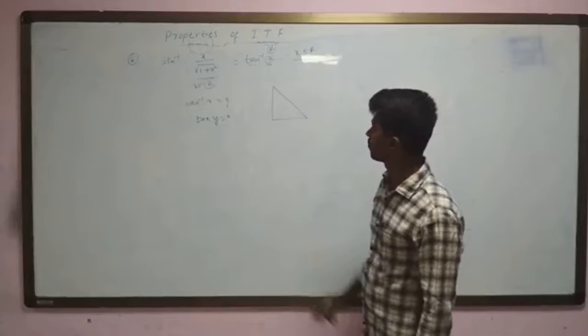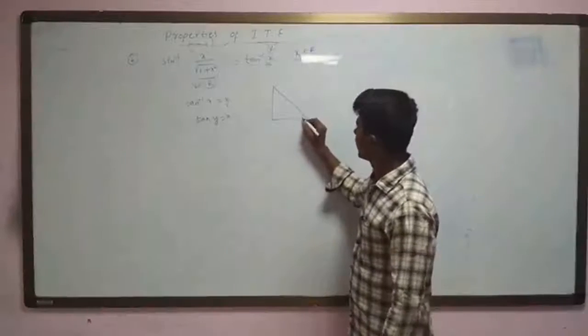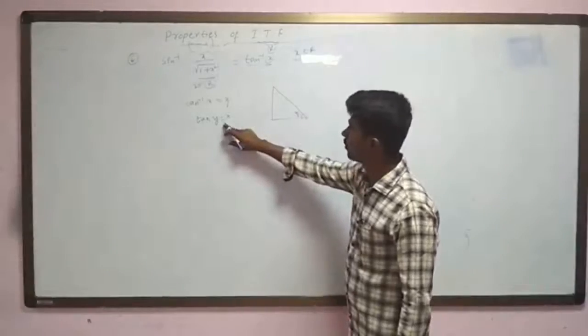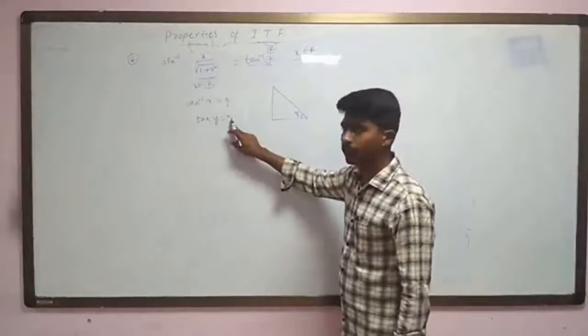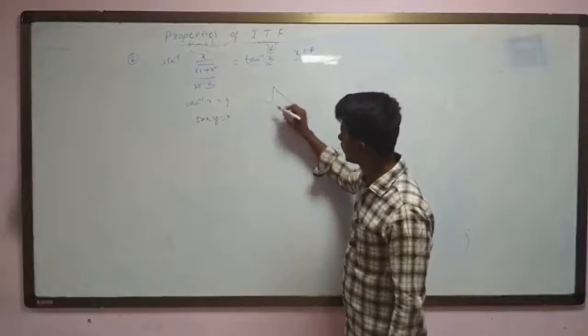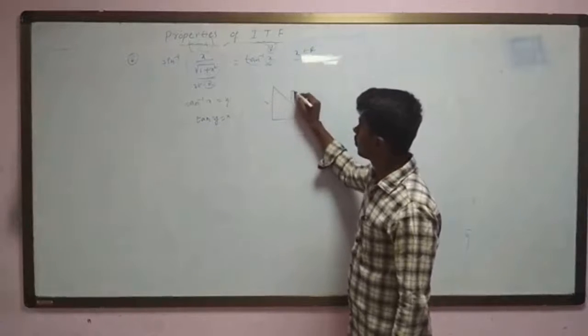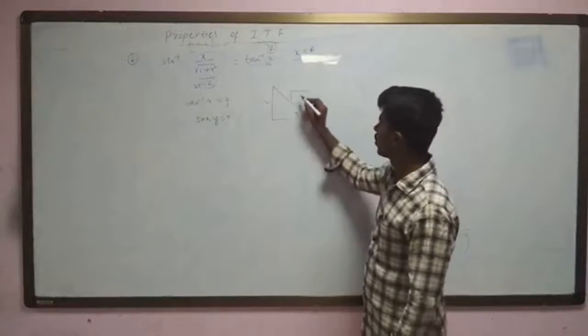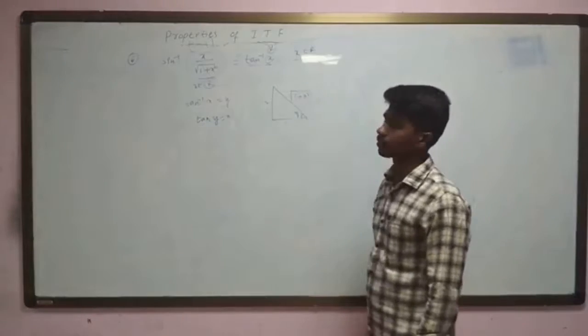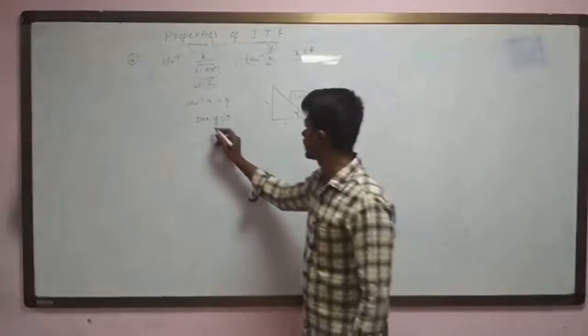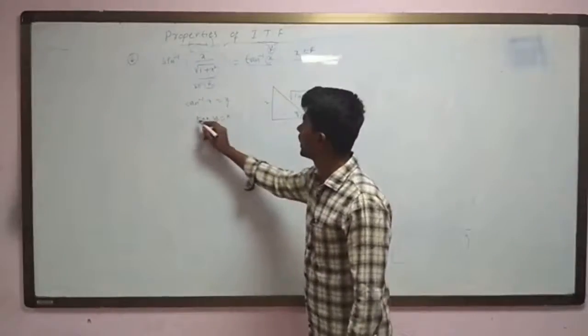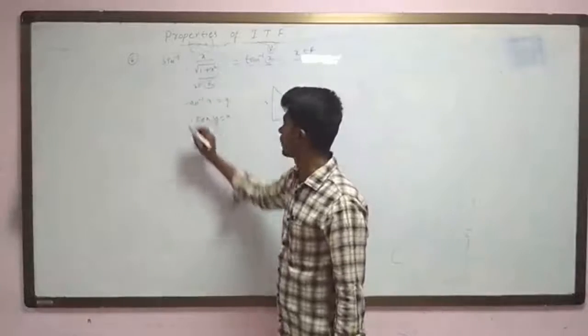Now what can I write? If I take this angle as y, so tan y equal to x, opposite by 1. So hypotenuse is root of 1 plus x square. So from this what can I write? I want to relate this tan in terms of sine.